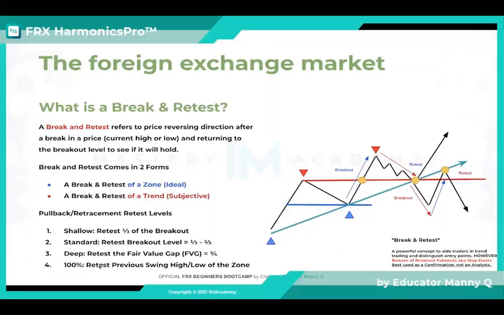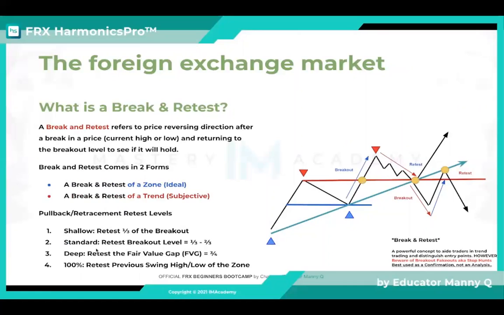Now, the second one is a standard breakout. A standard breakout is where the retest is retesting the breakout's level. Meaning, let's say we come over here, the exact price level where the market broke out, the market will create a new high and then pull back or retrace back to that actual price level before returning and resuming its uptrend.